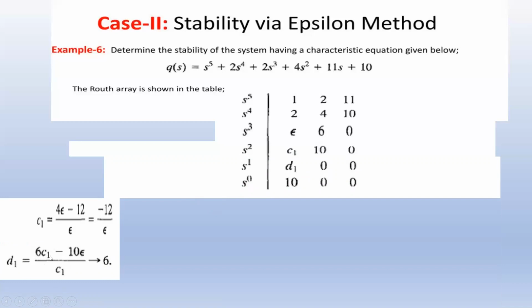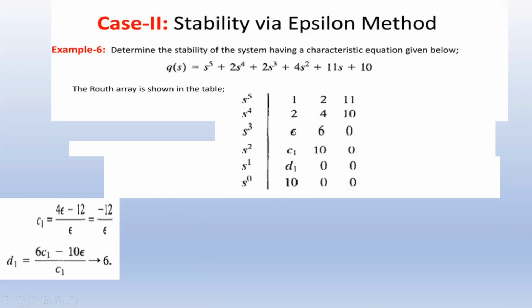If we substitute C1 in this also, we can have the function in terms of epsilon square as well. And if we find this coefficient over here, that would be D1 into 10 minus C1 into 0, over D1, so that will result in 10 over here.